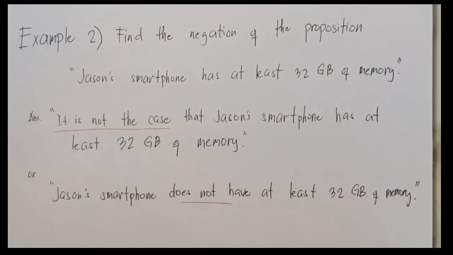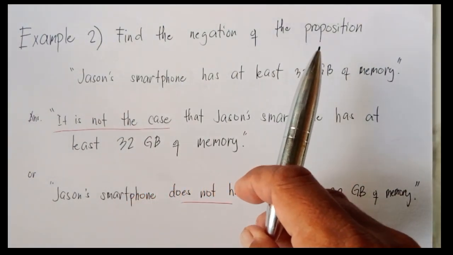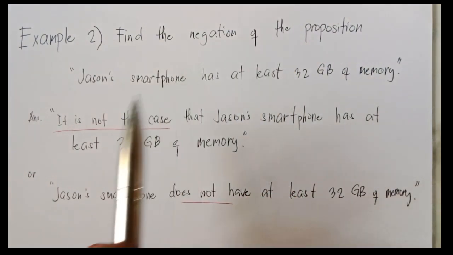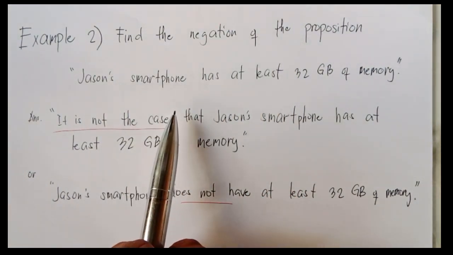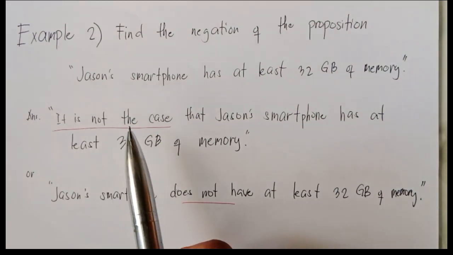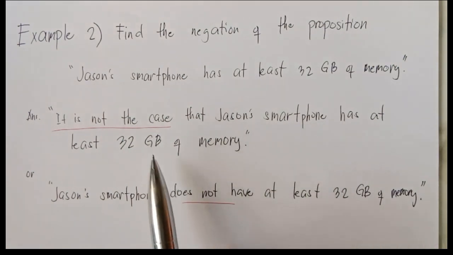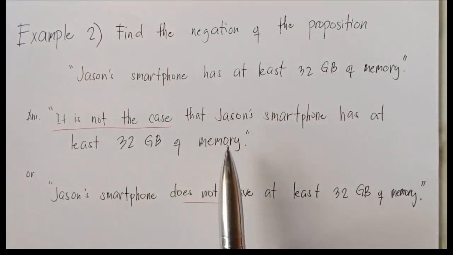In example number 2, we need to find the negation of the proposition "Jason's smartphone has at least 32 GB of memory". Based on the definition of negation, we could use "it is not the case". So: it is not the case that Jason's smartphone has at least 32 GB of memory.